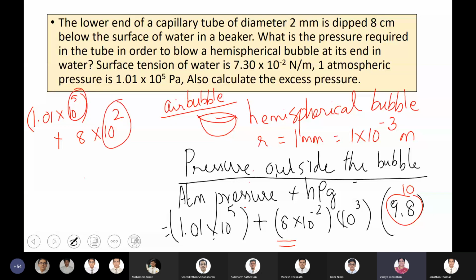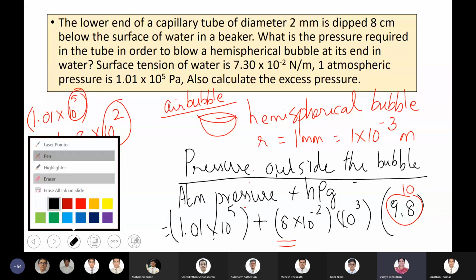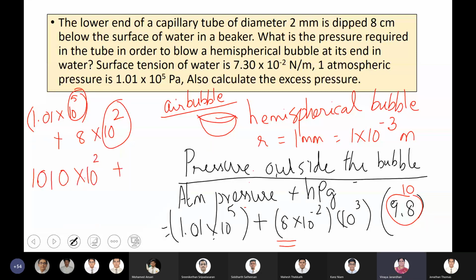So the first term becomes 1.010, correct? 3 decimal places I'm moving, so it becomes 10 to the power of 3. It becomes 10 to the power of 2 plus 8 into 10 to the power of 2.